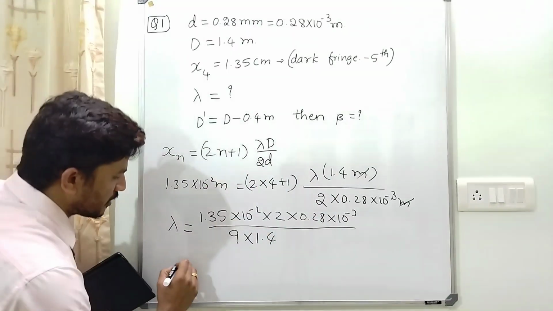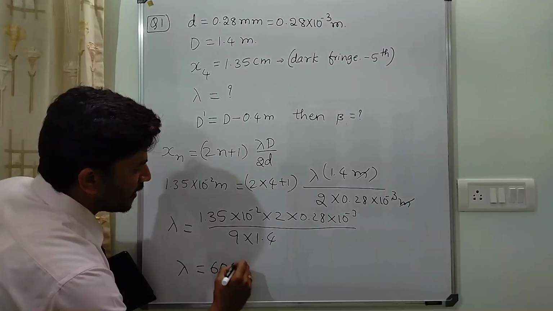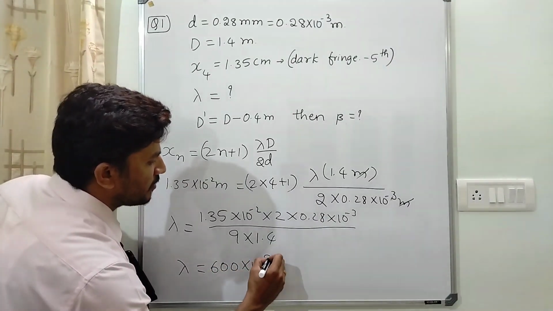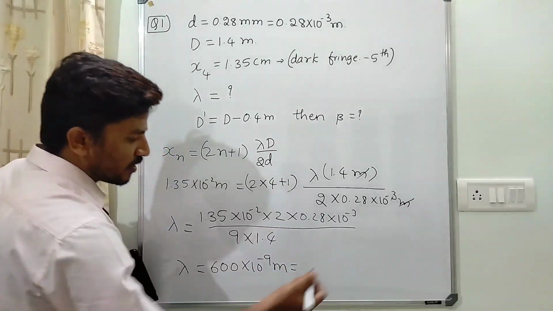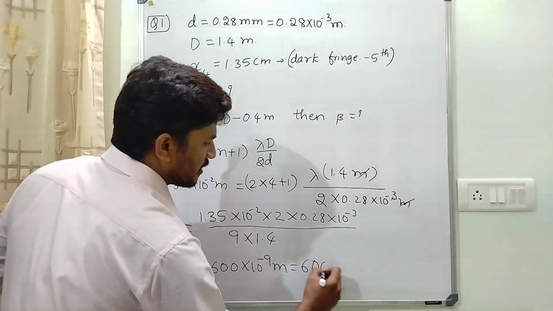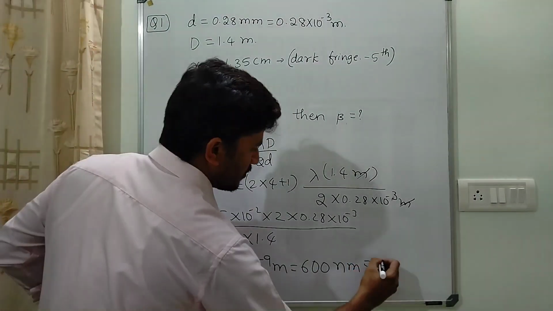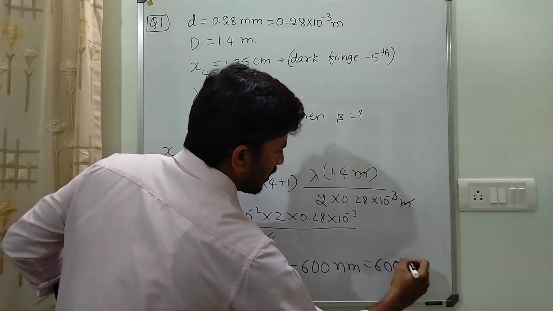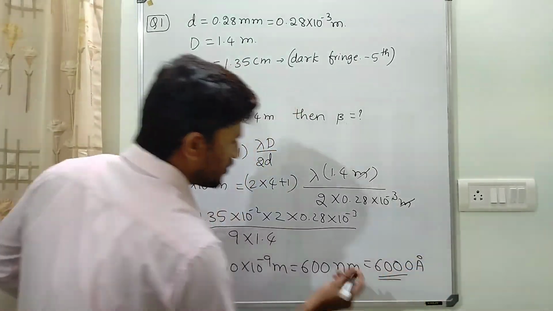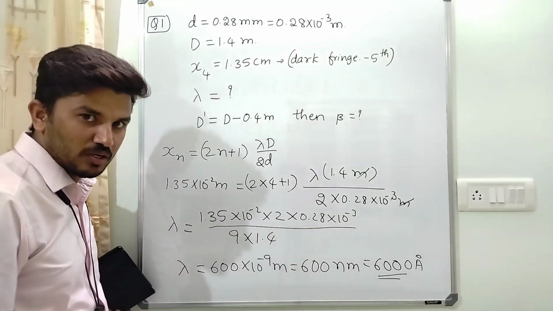If you solve this, you will get the value as 600 into 10 to the power minus 9 meter, or 6000 into 10 to the power minus 10 meter. So I can write here the value of lambda is 600 nanometer or 6000 angstrom. Just solve this, dear students. If you solve this, you will get this value for sure.